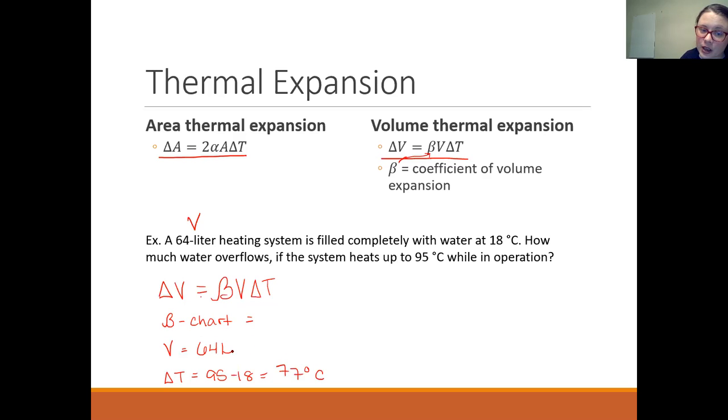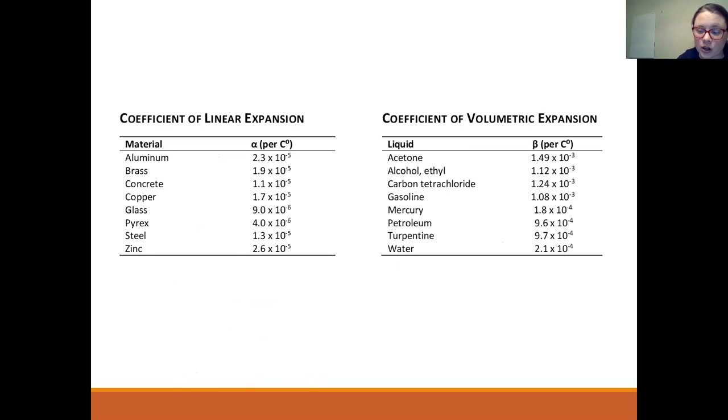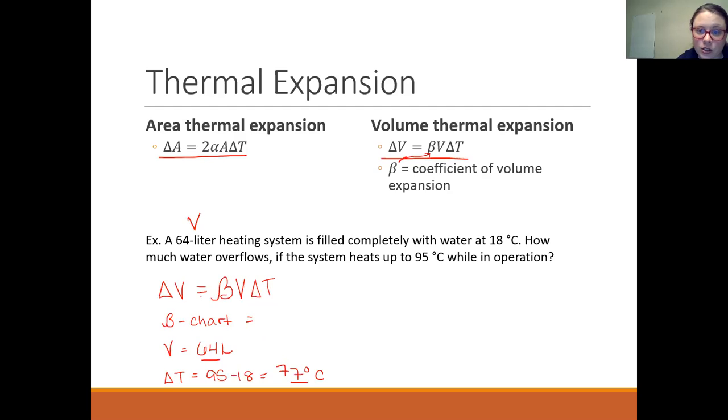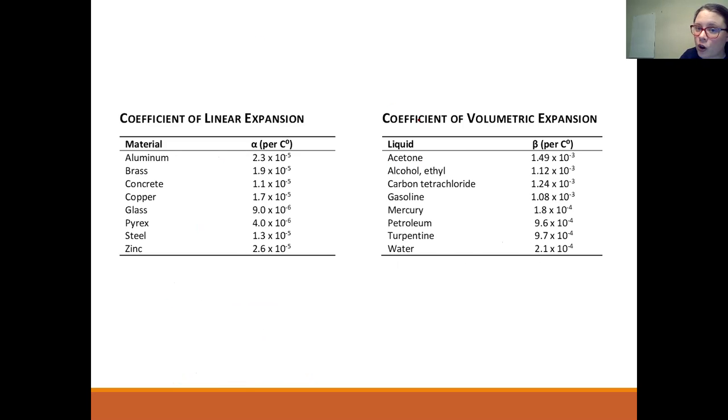So we have most of our information. We just need the number from the chart. It was filled with water, so volumetric expansion, that's our beta there. For water, it's 2.1 times 10 to the negative 4.